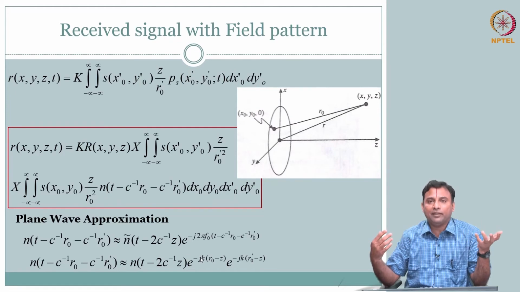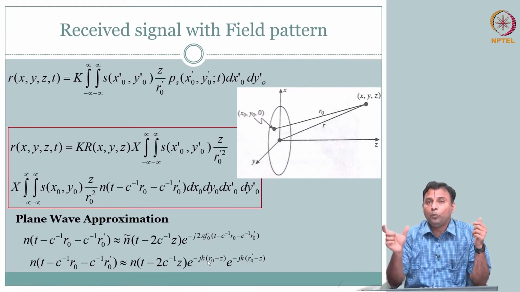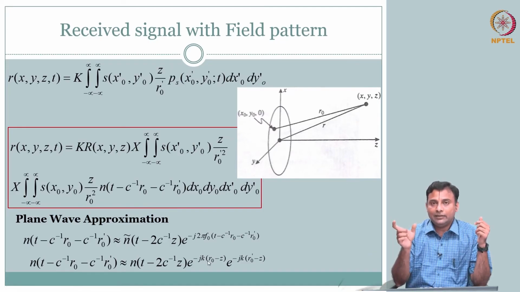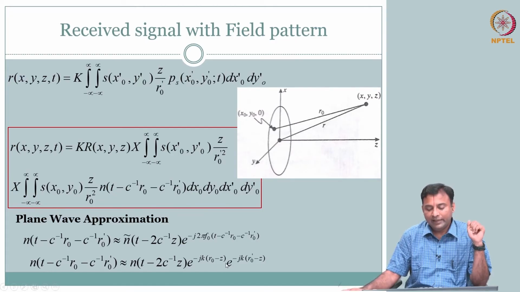Therefore, wave number becomes convenient. So, instead of 2 pi f naught, we will switch to k. What is k? 2 pi by lambda, 2 pi distance by lambda is your k, wave number, go look for that. We are just conveniently writing that in terms of wave number and splitting it.